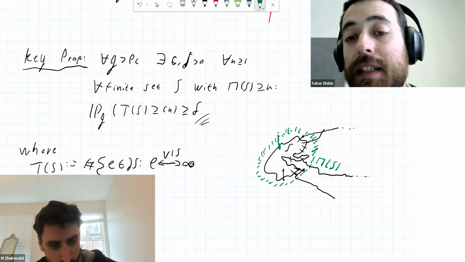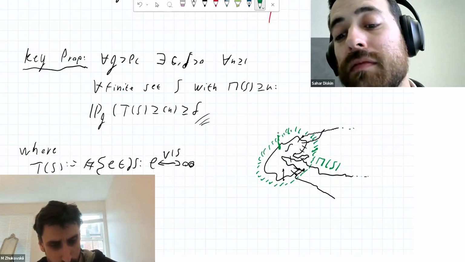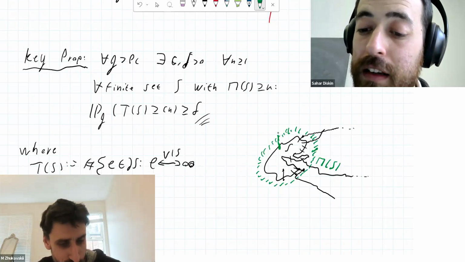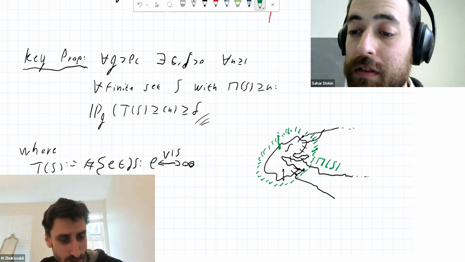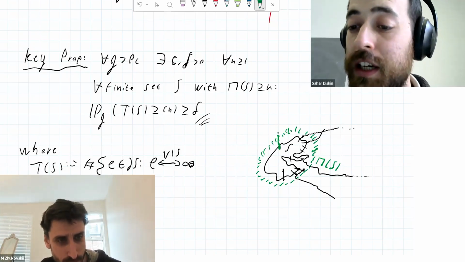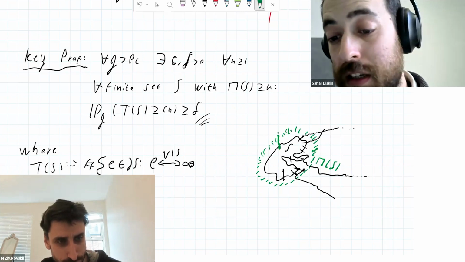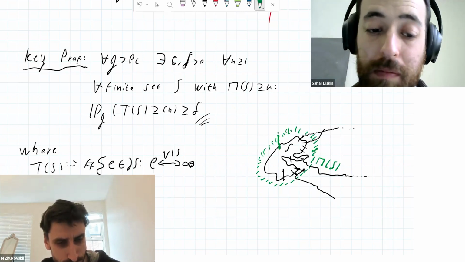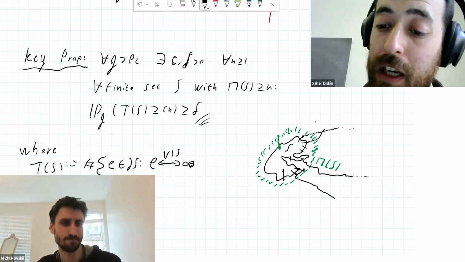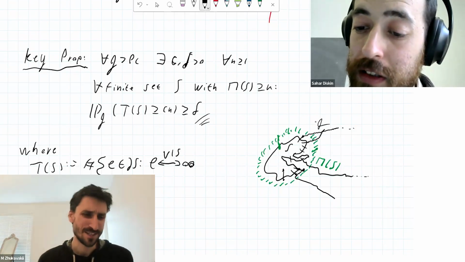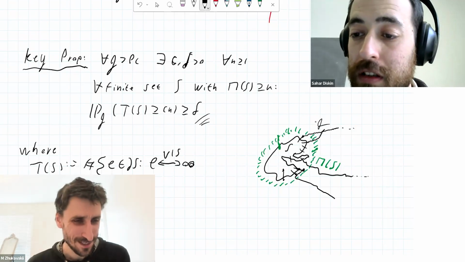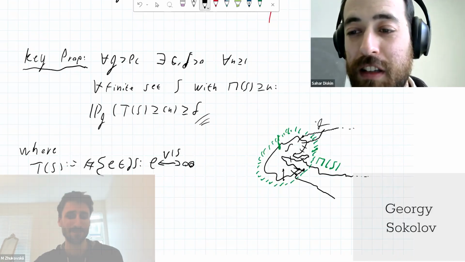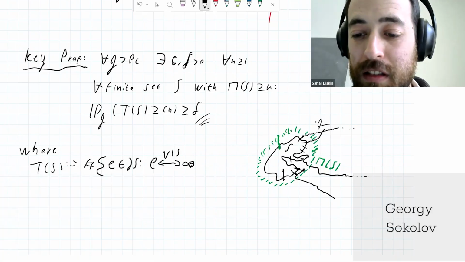And here you count those that are in the boundary of S and eventually reach infinity. I see. So in particular, they cross this pi S, right? This is done in Q percolation. Transitivity is enough for it? Yes.